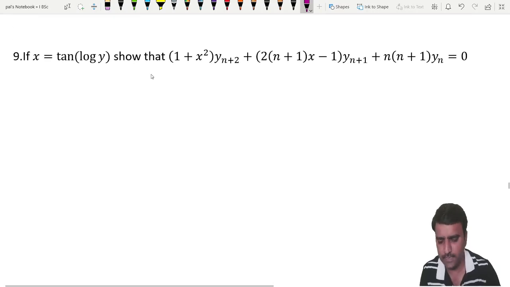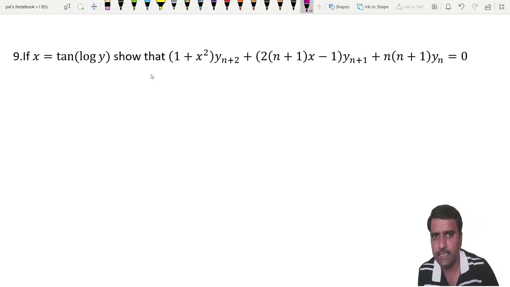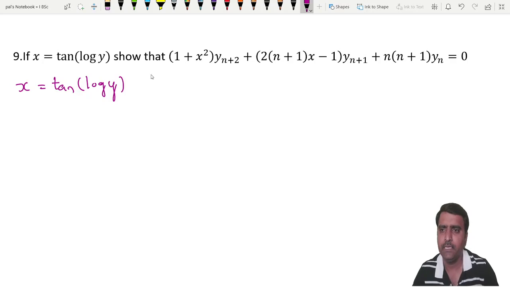So for that, take the given function first: x is equal to tan of log y.